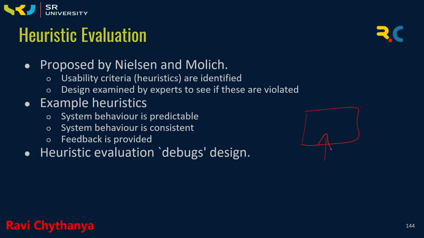If I have designed an application for the railway reservation system, for example, and once I am done with my reservation, it has to give me some feedback that your reservation has completed successfully, and here is your ticket, this is your waiting list, or this is your confirmed ticket number and confirmed seat berth number. All these things have to be given by the system.